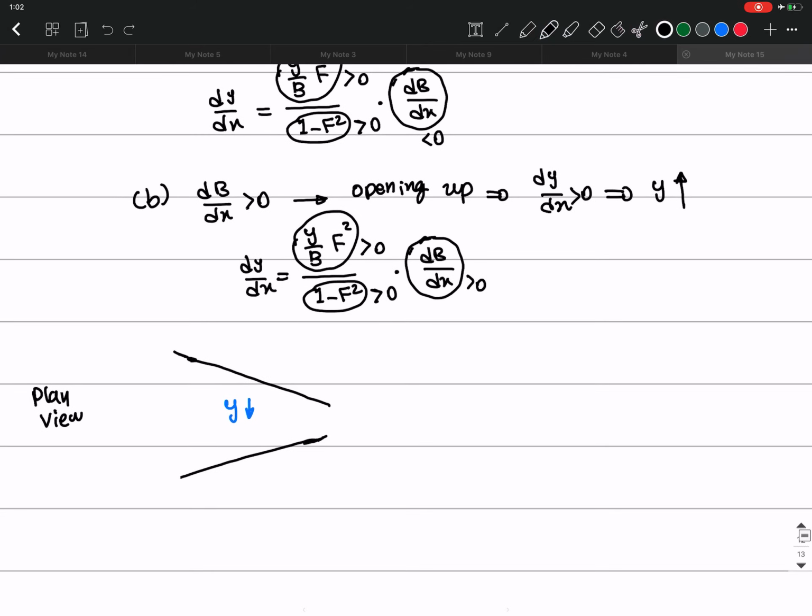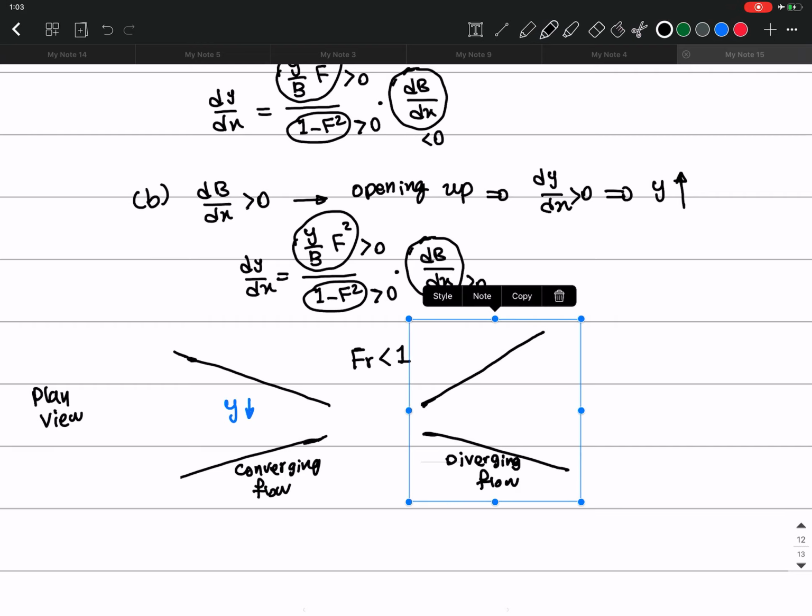This is converging, okay? And this is when the Froude number is smaller than 1. On the other hand, when the channel width B is increasing with x, in other words, we have diverging flow. So this was converging flow and this is diverging flow, right?